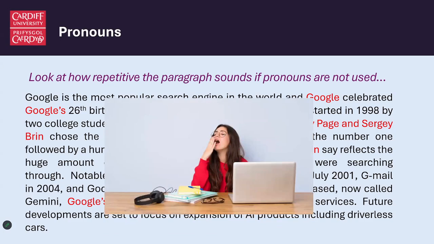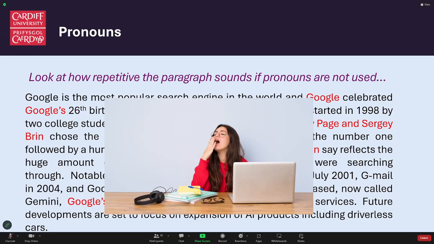So the effect of these pronouns, even though they're not always used in academic writing, particularly things like they, this isn't academic, this is an article, semi-academic because it's about a subject that is used in academia. We will look at pronouns next lesson a little bit, but this is just one thing to show you how they're used in a paragraph to make it sound less boring and less repetitive.